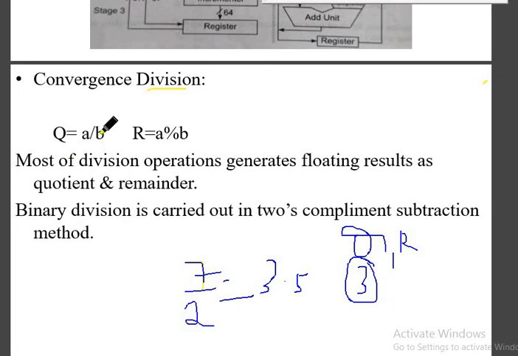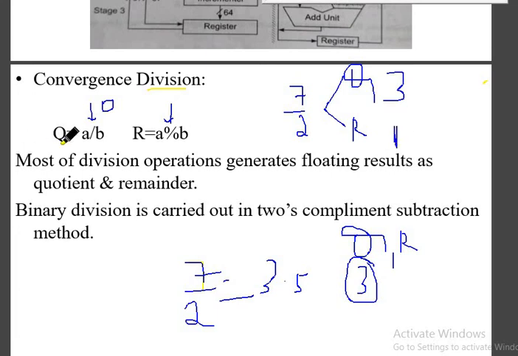For that we have two separate operators in computer language: the quotient operator, which we call the division operation, and the remainder operator. If I perform 7 divided by 2, I get 2 results, a quotient and a remainder. Quotient means 3, remainder means 1. So Q will be 3, and R will be 1.